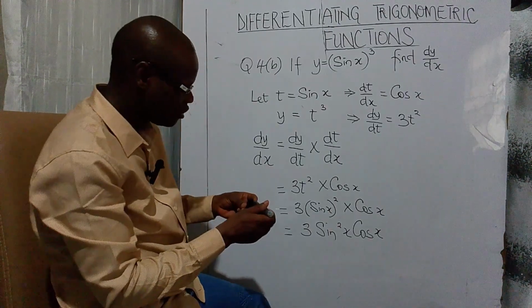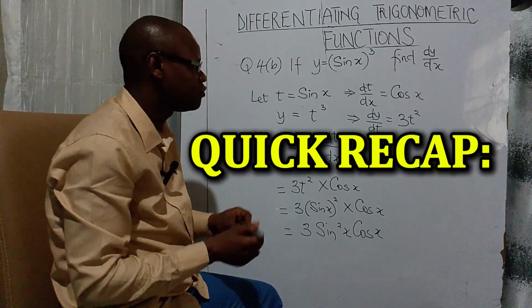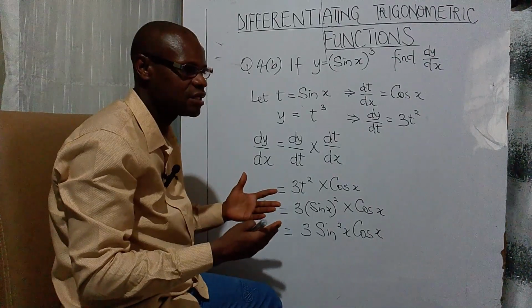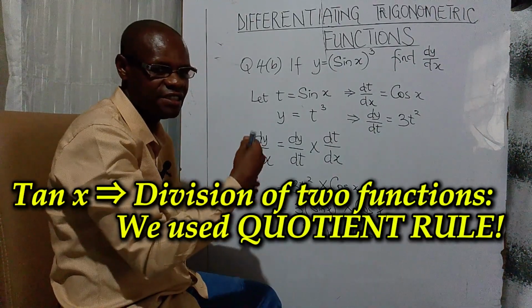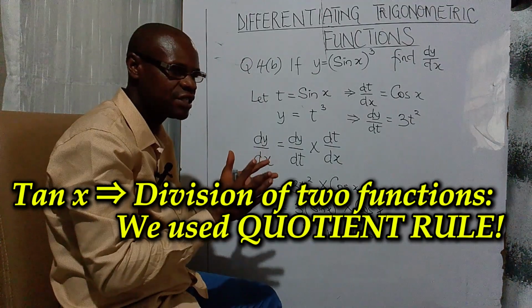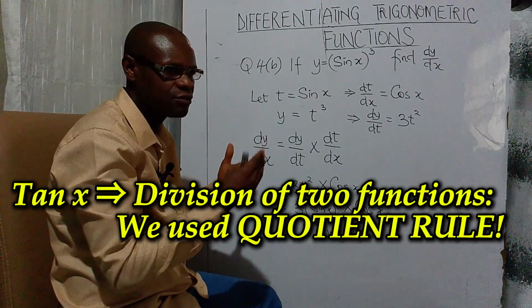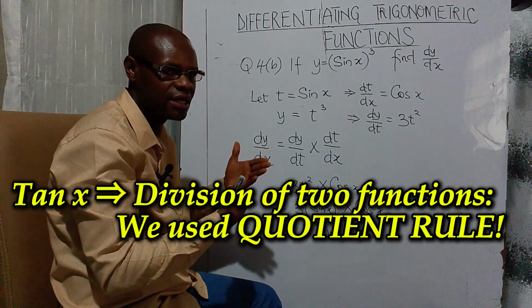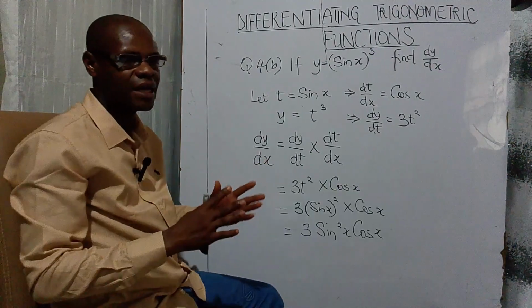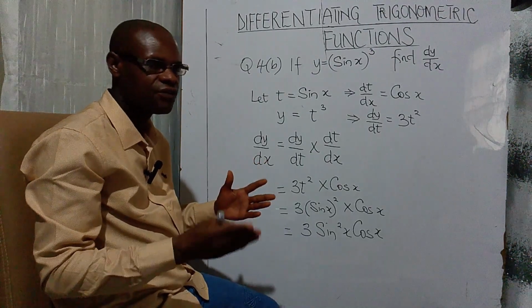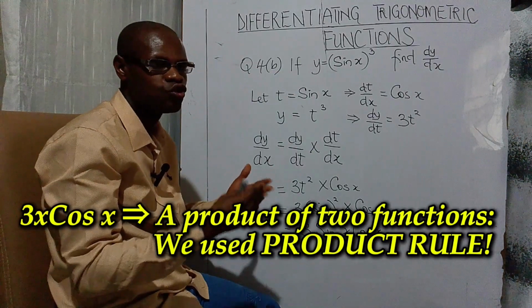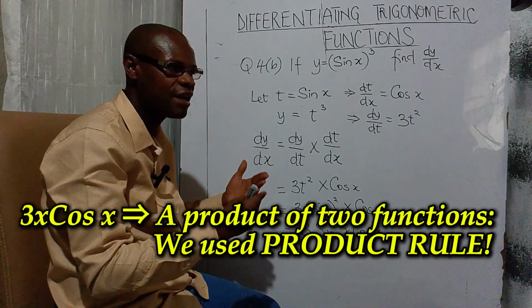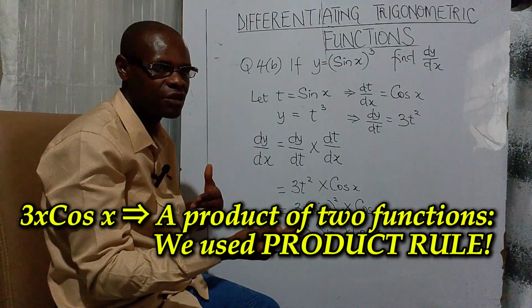What I actually want you to understand here is that if you take a look at the 3 questions, the first one we solved has to do with division. So once you see 2 expressions being used to divide one another, then we apply quotient rule. And for the second question, the 2 functions are being used to multiply each other, we had 3x multiplied by cos x.